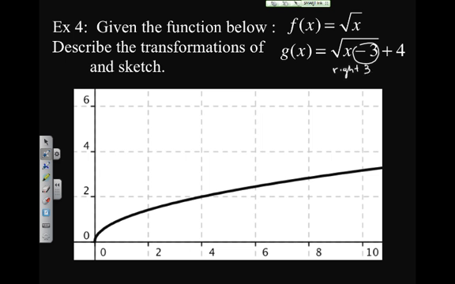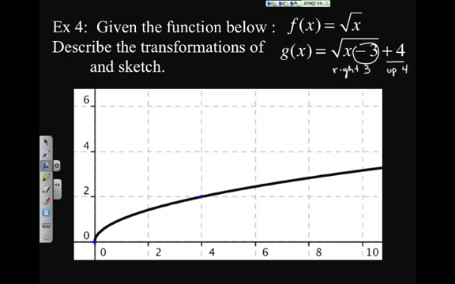Then outside, not affecting the x, is a plus 4, so that's going to move us up 4 units. So each point on this graph is going to move to the right 3 and up 4. I'm going to pick this point right here, the origin, and this point right here, and that's going to help us graph this shape.